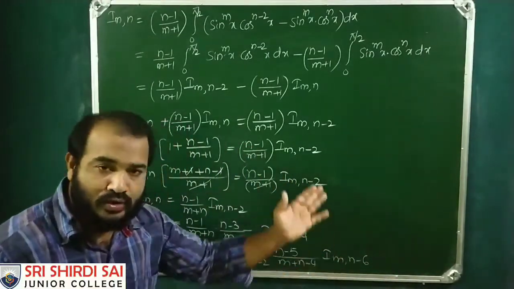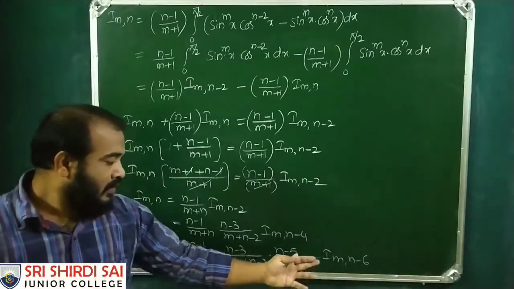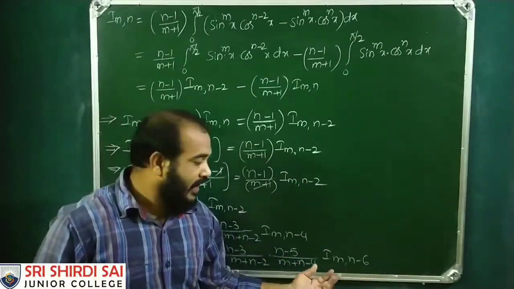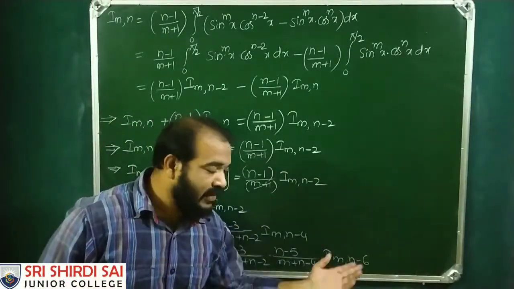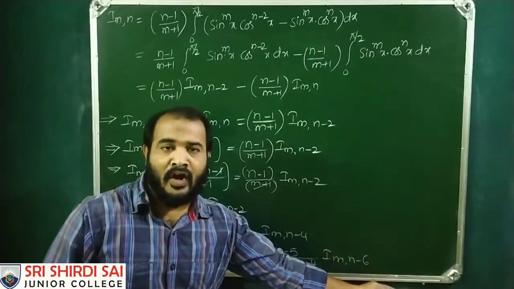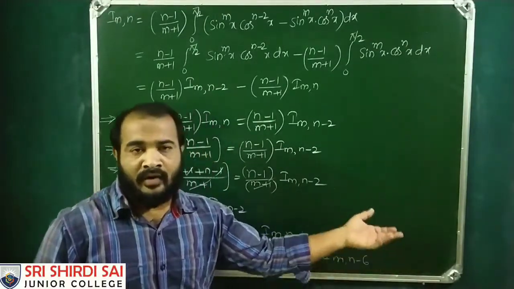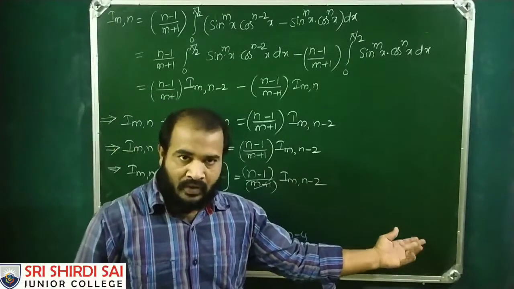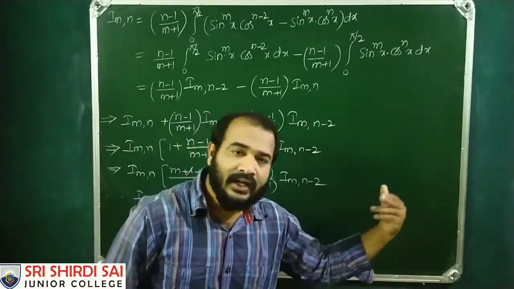This process goes on until we reach the final term, either I1 or I0, depending on whether n is odd or even.